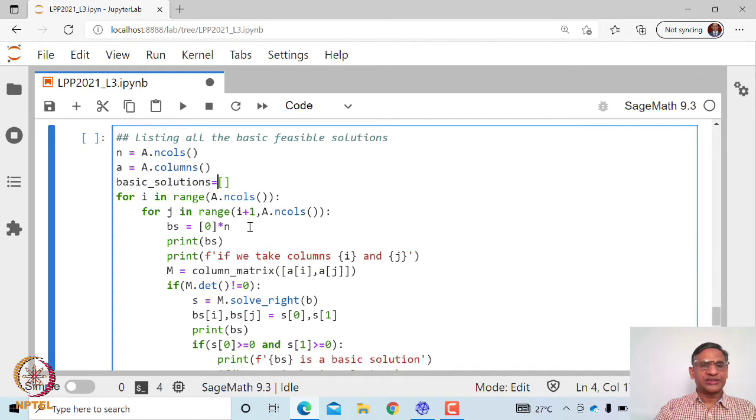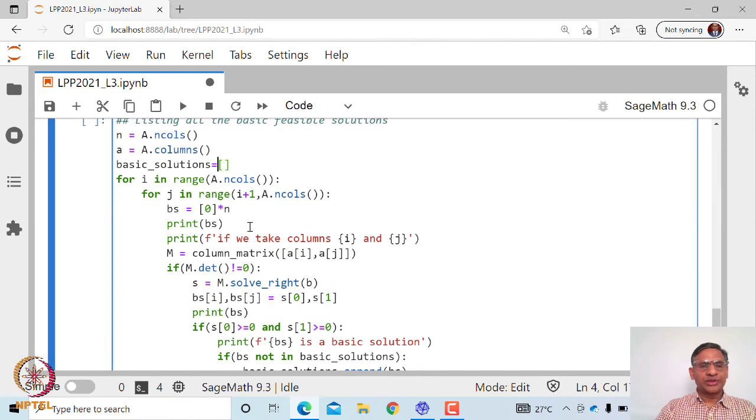To begin with, it is an empty list. Now we will choose two columns, let us say i and j, such that i is strictly less than j. And then we will start with a basic solution which will be 0, 0, 0, 0, a list containing 4 elements, all of them 0.